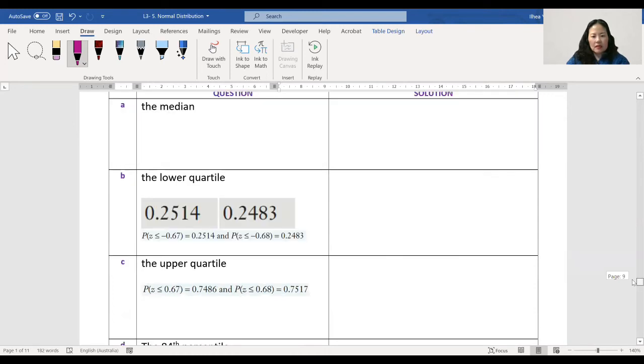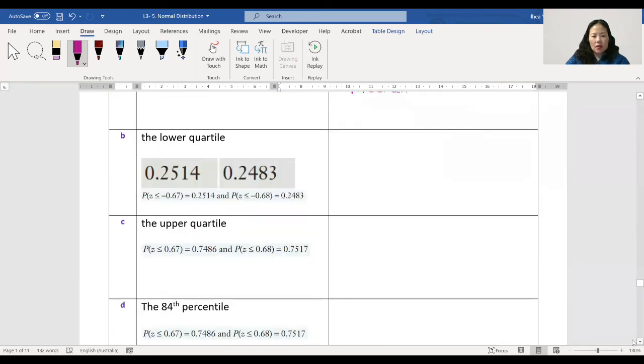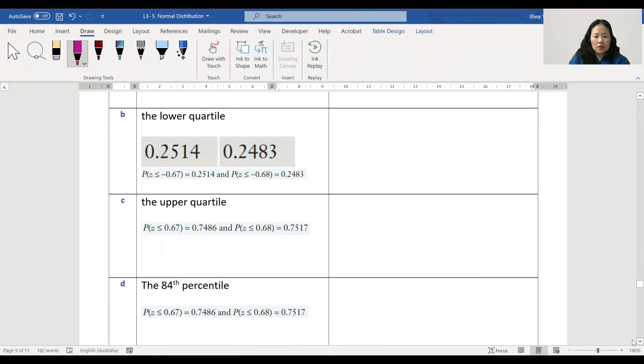Now, median is easy. It's 0. So when you look at the table for 0.5 as your area, 0.5 actually has 0. So median equals 0. Okay. Let's have a look at the lower quartile, which was 0.25, wasn't it? So 0.25, so that's a first 25%. Okay, so 0.25.